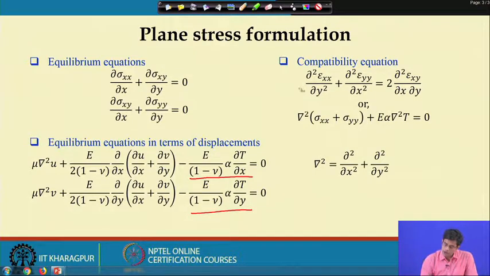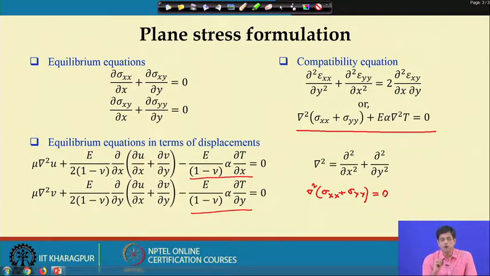Here the compatibility equation is the same, but once you substitute the strain components discussed in the last slide, you get the compatibility equation in this form. If you remember the compatibility equation for the general plane stress case, it was del squared of (sigma xx plus sigma yy) equals 0, where there is a constant body force or no body force.